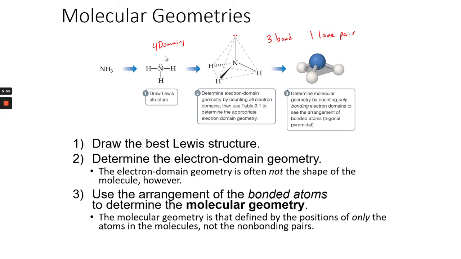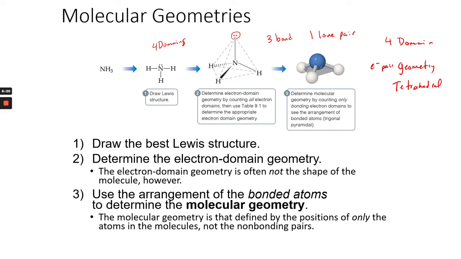For 4 domains, if you go back and look at the table on the previous slide, the electron pair geometry is tetrahedral. But in this case, one of the domains is a lone pair. So here is your electron pair geometry, and here's your lone pair right here. See it?